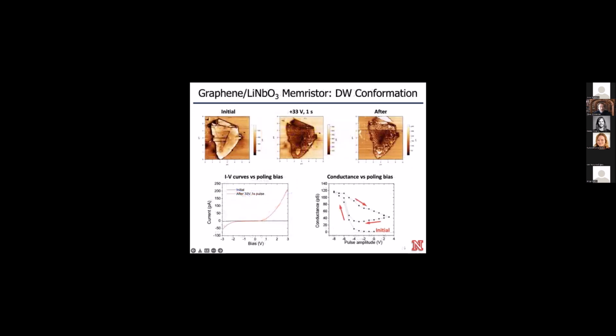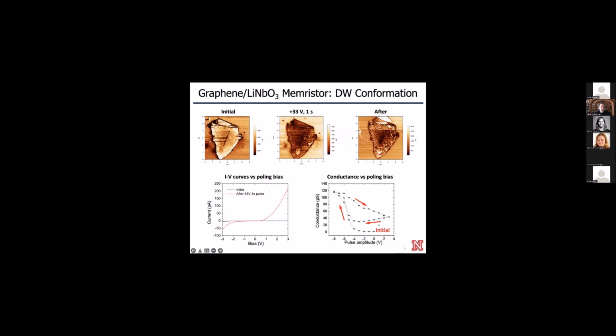So this slide illustrates an alternative approach to resistance modulation based on tuning of the domain wall conductivity, rather than creating domain walls. So here we use a subcoercive voltage after we first apply a high voltage pulse in order to create a polydomain structure. So we drive the device from the insulating to the conducting state, as shown by these IV curves.